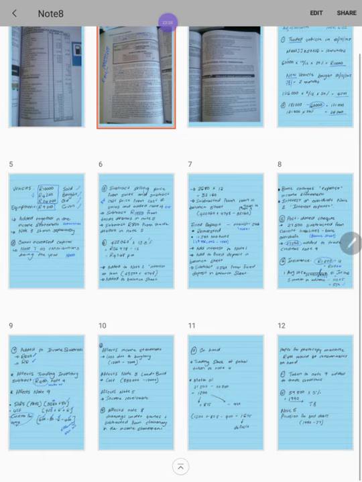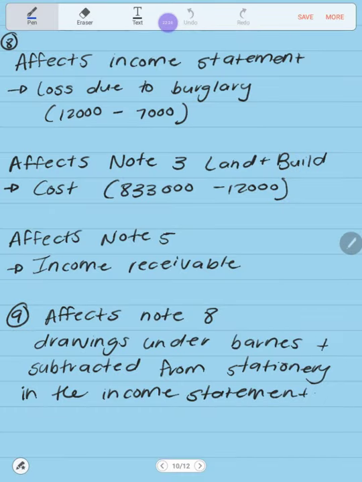Okay, so it affects your income statement. It's a loss due to burglary. The total loss was 12,000 Rand, but your insurance has said they're going to pay out 7,000 Rand.